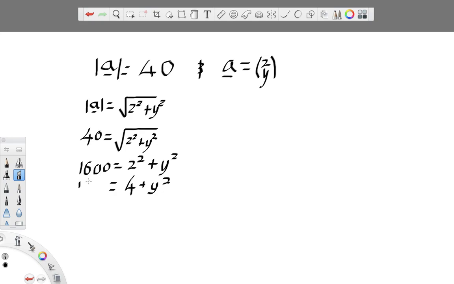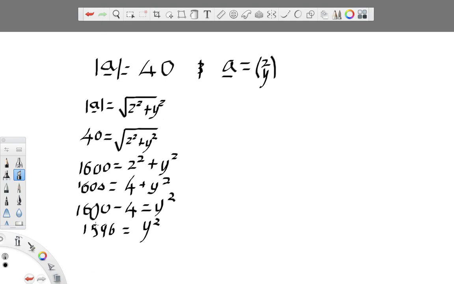We've got 1,600, which is equal to 4 plus Y squared. Well then, to get the Y squared part on its own, we have 1,600 take away 4, which is equal to Y squared. 1,600 take away 4 is 1,596, which is equal to Y squared.